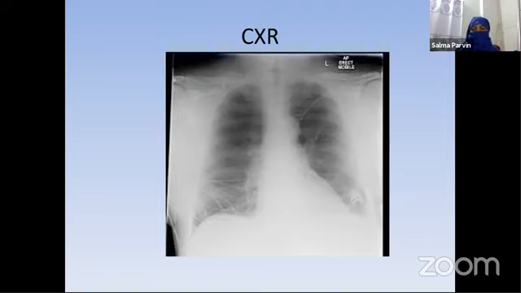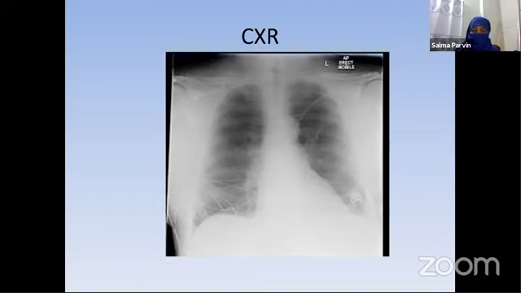Mostly they are fixed and you cannot change them much, so you may have such a hazy film. This film shows a patient lying on his back, having multiple wires like ECG leads and JVP wires. So this is a critically ill patient imaged in a lying position.